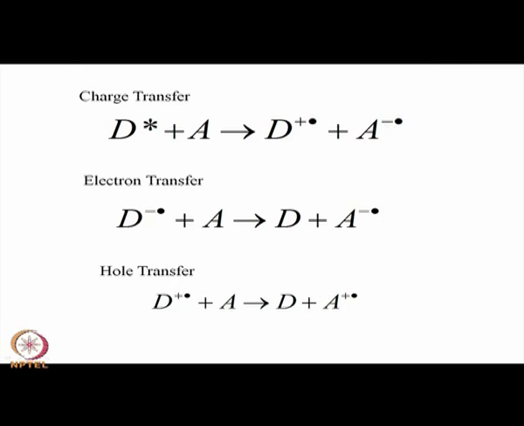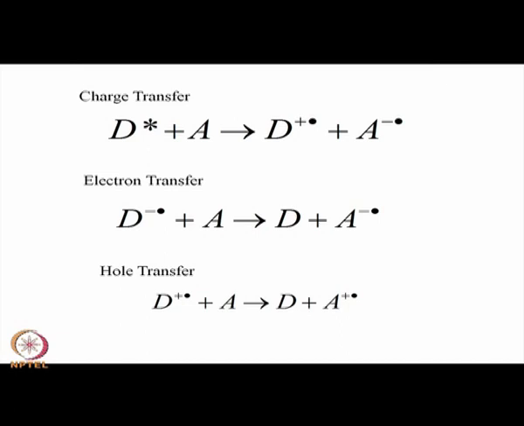So this is your charge transfer. The second one is electron transfer: you have D minus dot, and this electron is transferred to here, of course maintaining the proper energetics and other factors. If it happens, you will get D plus A minus dot. That is your electron transfer.